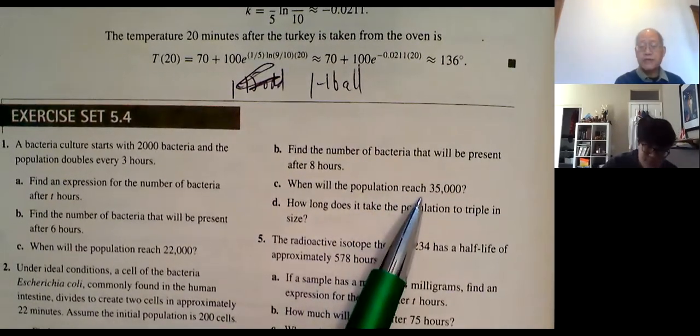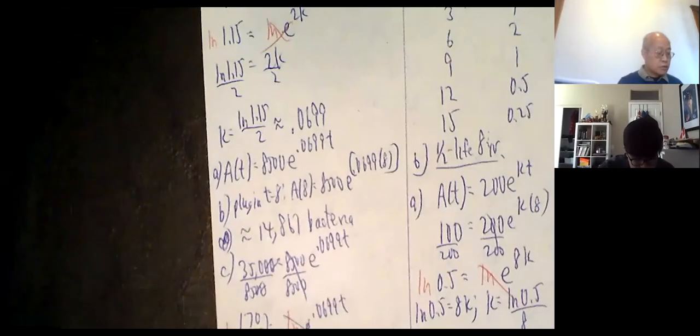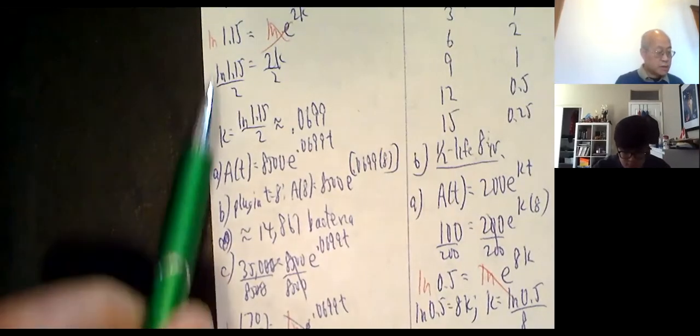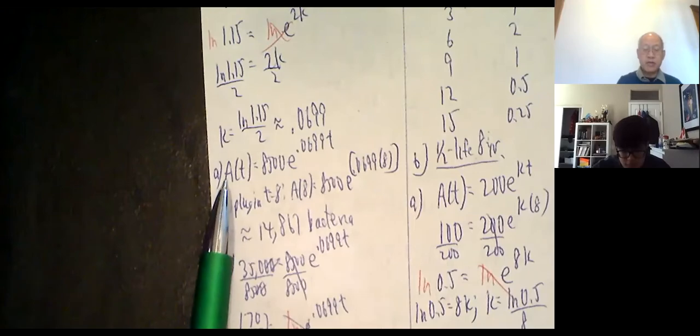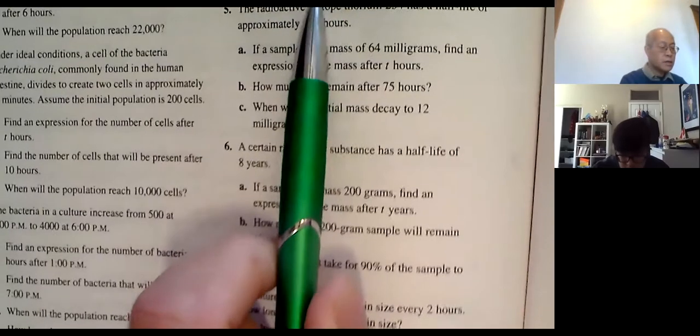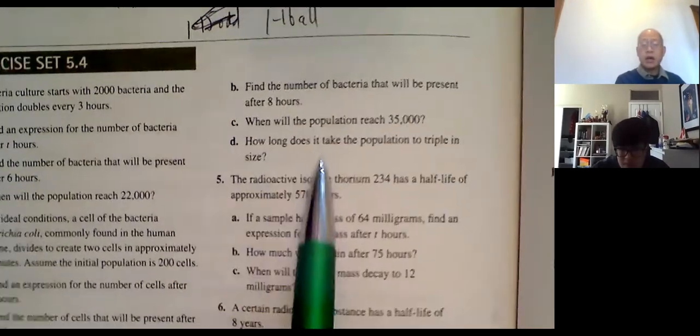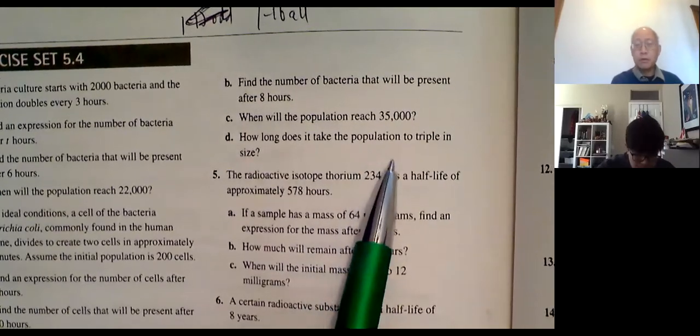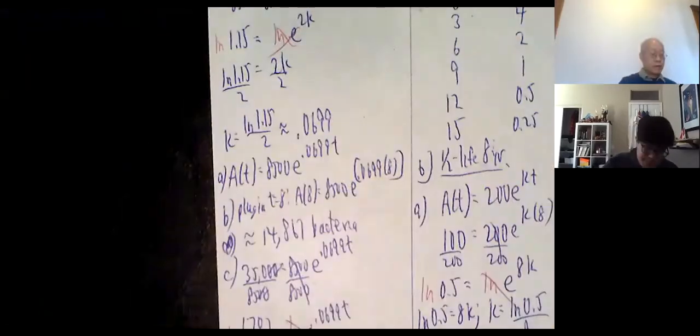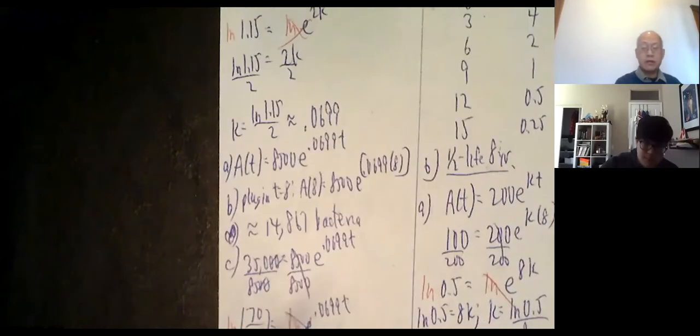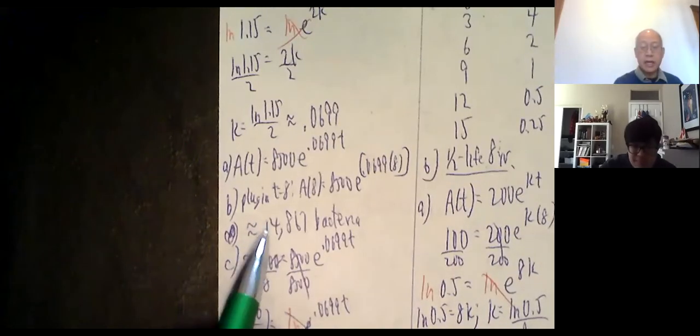C, plug in 35,000 to the left-hand side, the new amount, A of t. And then D, how long does it take for the population to triple? I just triple the original amount. The original amount was 8,500. I just multiply that by 3, and that gets plugged in.